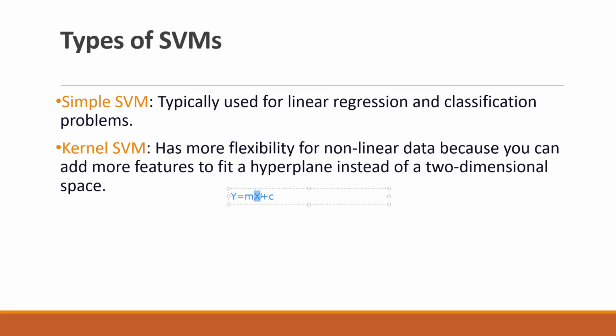So it is a simple SVM. But whenever we have non-linear data, we need non-linear equations, or we can say the data is in high dimension. In that case, kernels are used to convert the non-linear data into linear data. This is how SVMs are categorized on the basis of linearity and non-linearity.